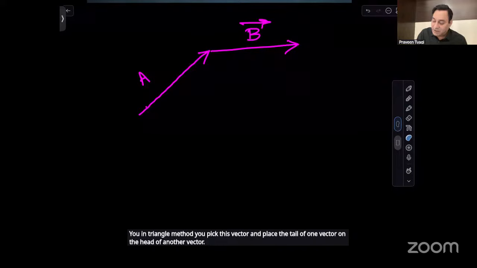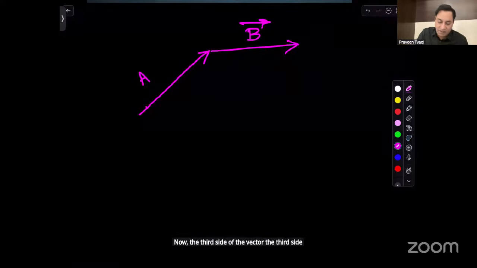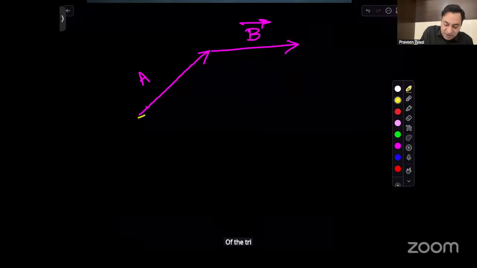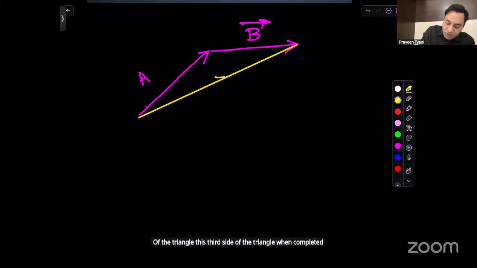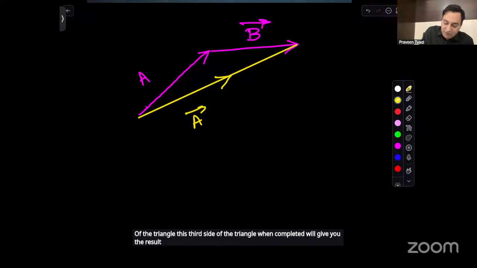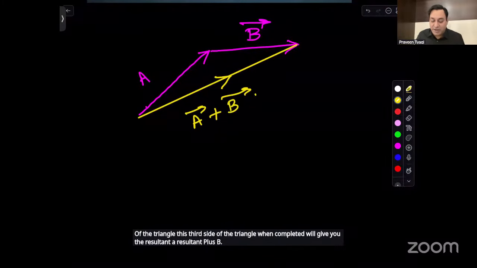Now, the third side of the triangle, when completed, will give you the resultant A plus B. This is called the triangle method.